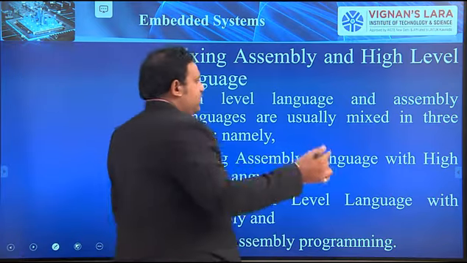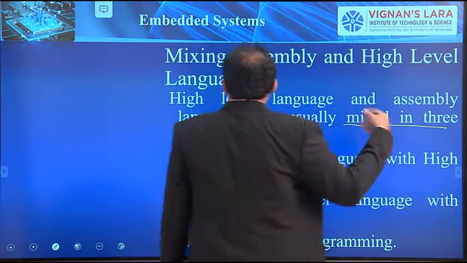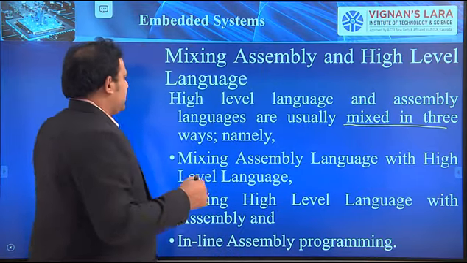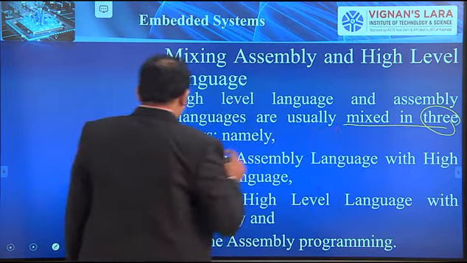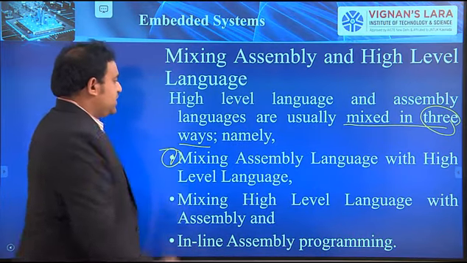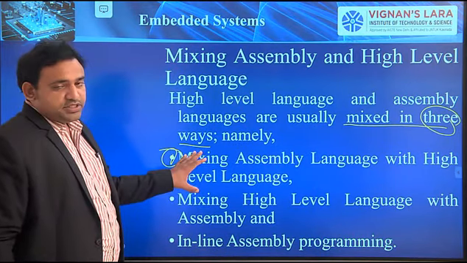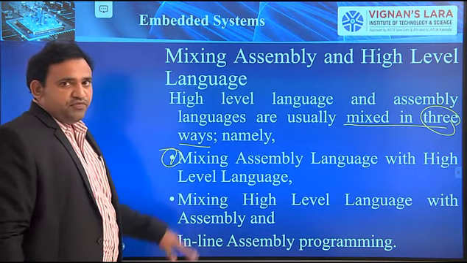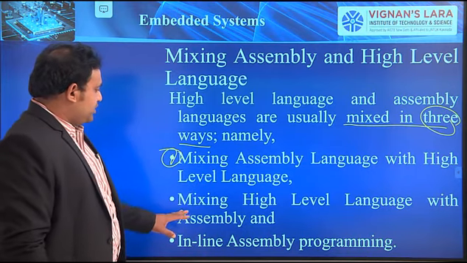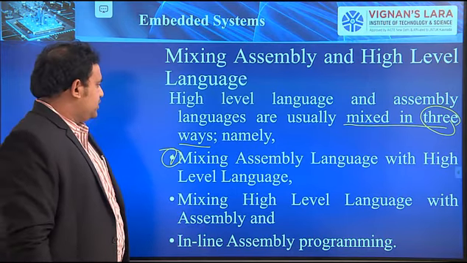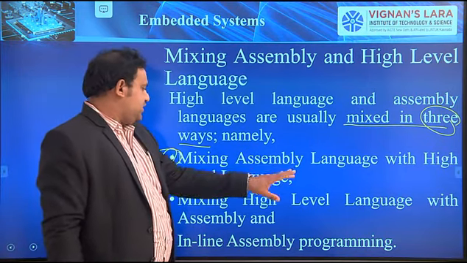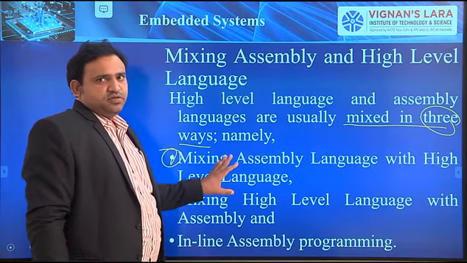So how can you combine high level and low level language in three ways? First one is mixing assembly language with high level language. Second one, mixing high level language with assembly.